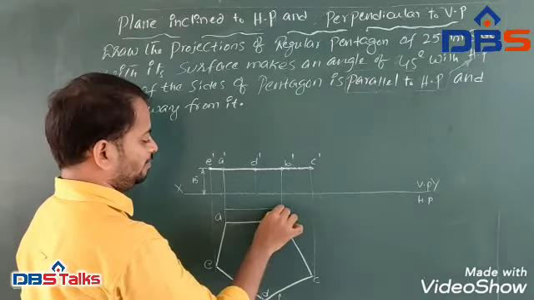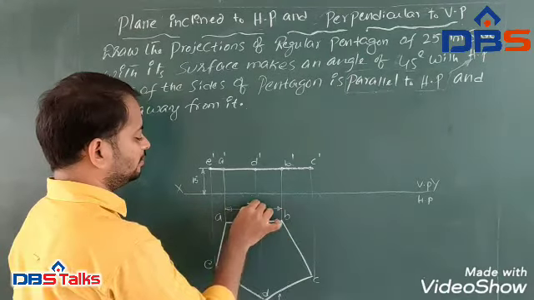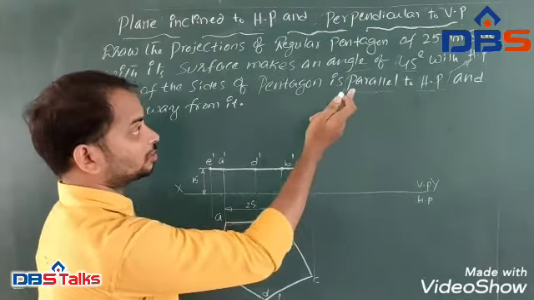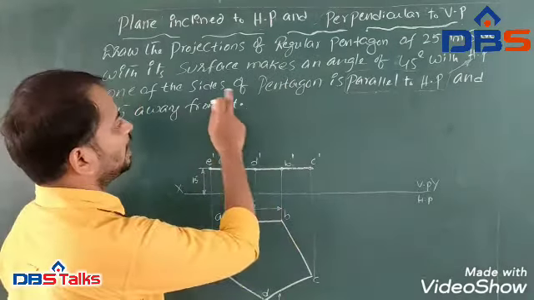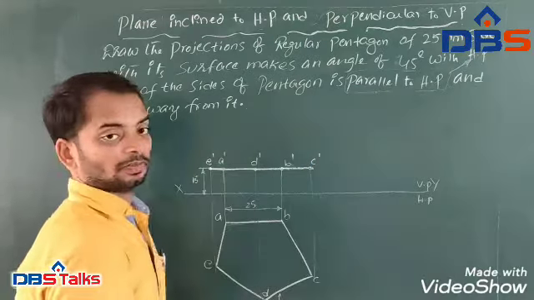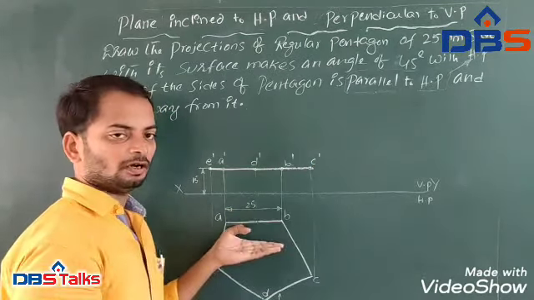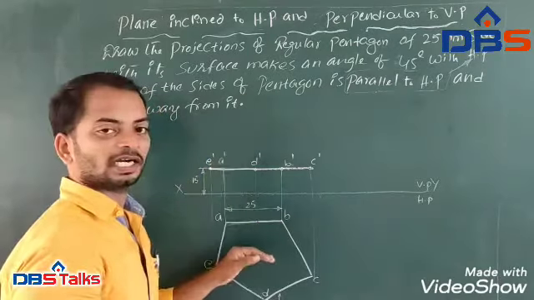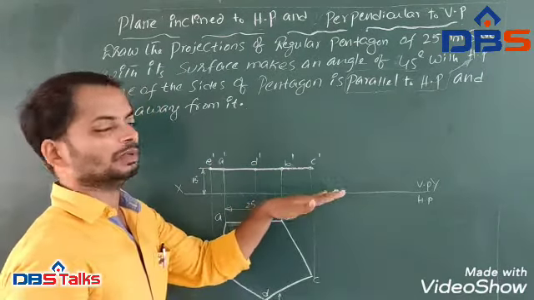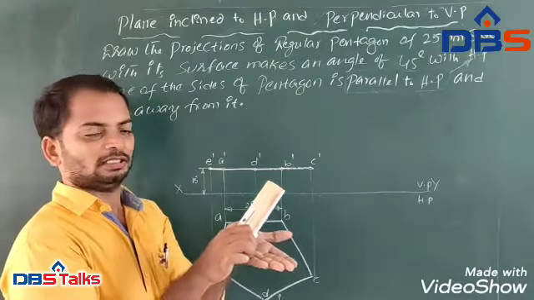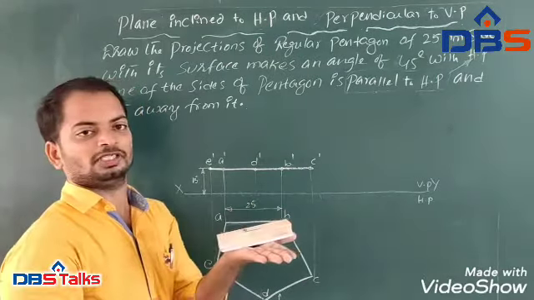25 mm side which is making an angle of 45 degrees with HP and at the same time parallel to HP. So firstly we have to represent the basic position of the regular pentagon and after that it has to be tilted to 45 degrees with HP. So this is the initial position.